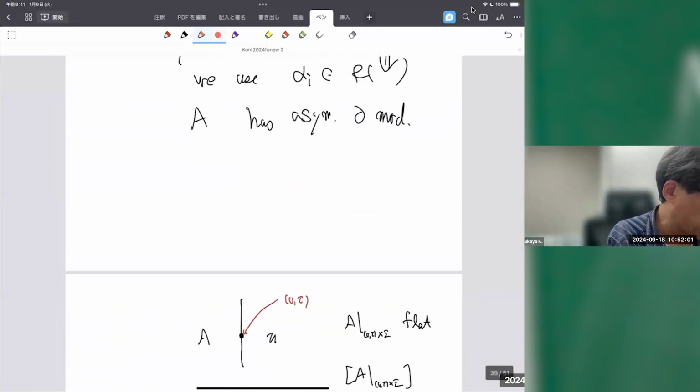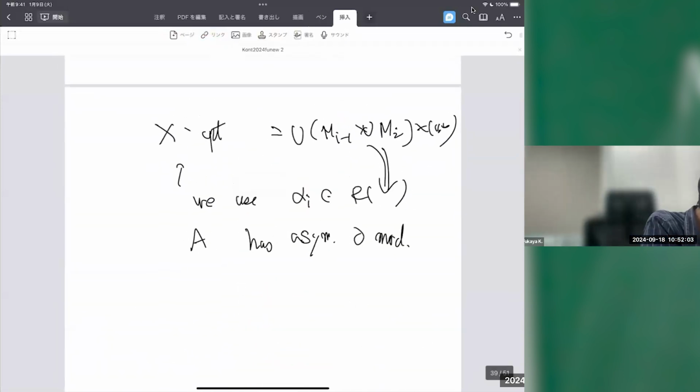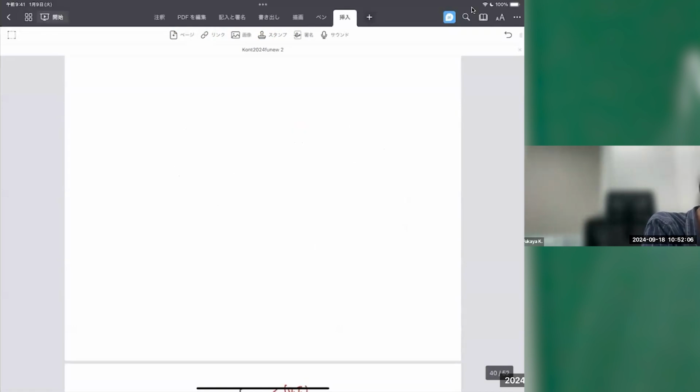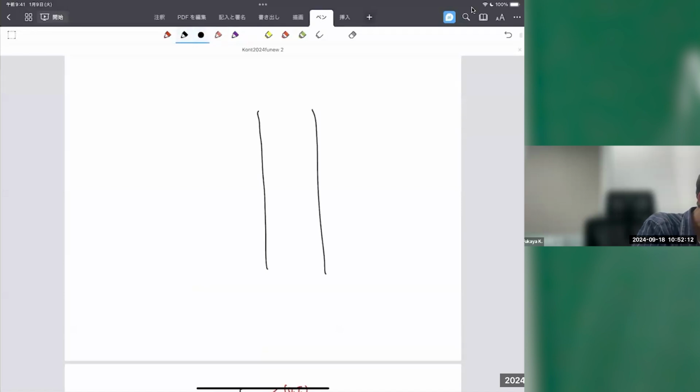So that is, I think, the same as usual Floer theory. So I just do it rather quickly. So you have this U, right? And then here you have this L1, L2, L3.